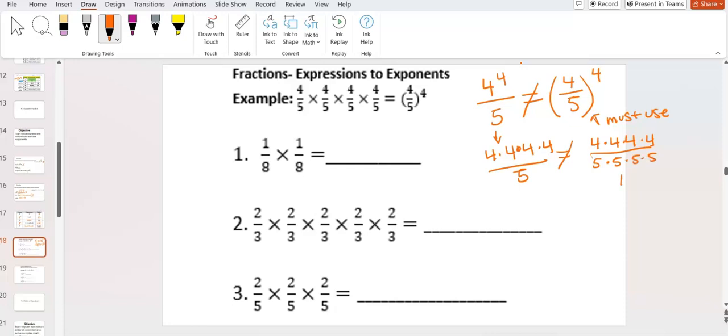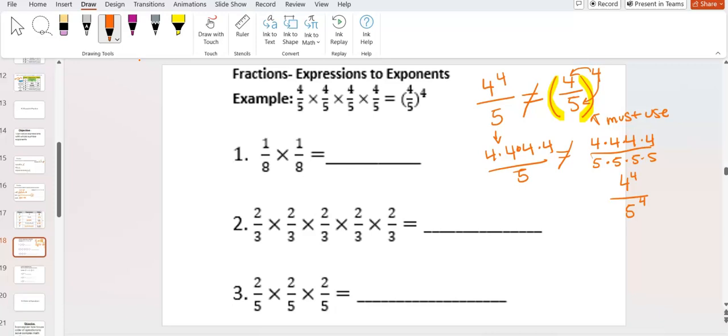Or in other words, it's 4 to the 4th power over 5 to the 4th power. This little exponent gets applied to both the top and the bottom when those parentheses are used. If you do not use the parentheses, you will not get the right answer. These parentheses are important. So let's practice writing.